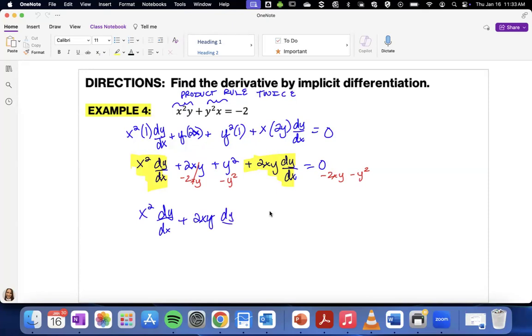If you feel comfy with the algebra, I'm okay if you automatically just factor out your GCF as well as you're adding things over, subtracting things over. Minus 2xy minus y squared. And then I take out my GCF, dy over dx. We factor it out. We write what's left, x squared plus 2xy. And it equals this business.